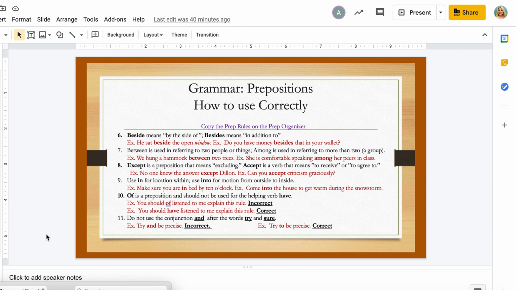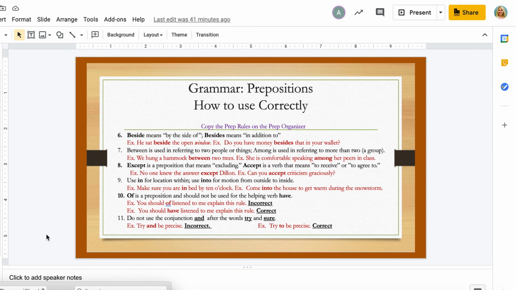Into means that we are outside coming inside. We are outside playing in the snow. We want to come into the house to get warm and drink a cup of hot chocolate. Outside to inside. Always use into.